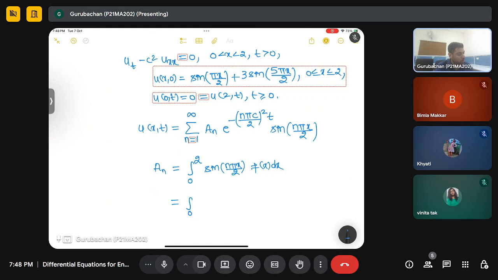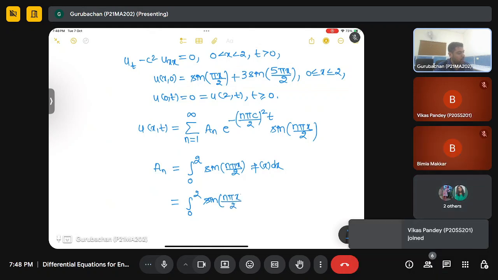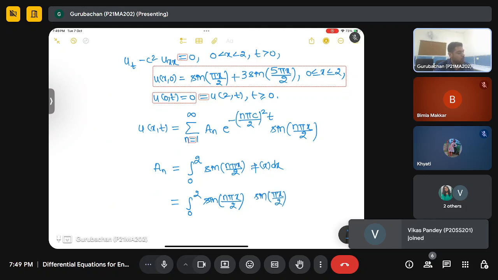So this will be the integral from 0 to 2 of sine n pi x by 2 times sine pi x by 2 dx.